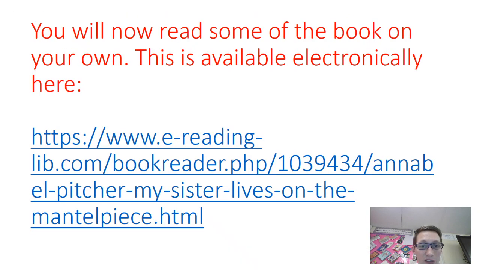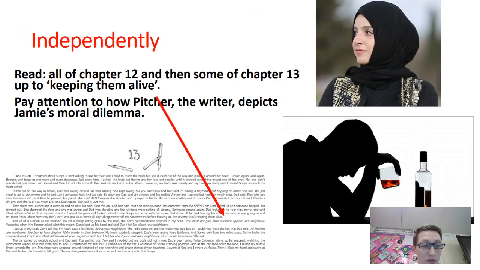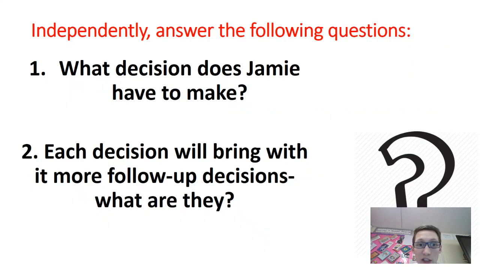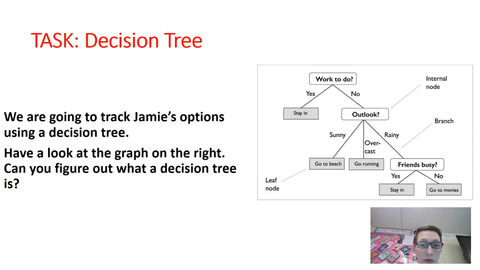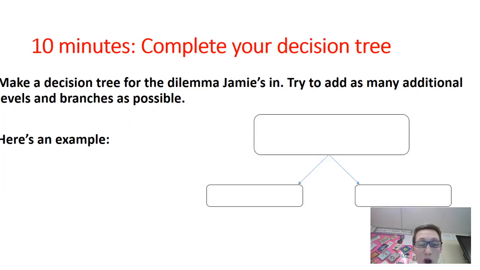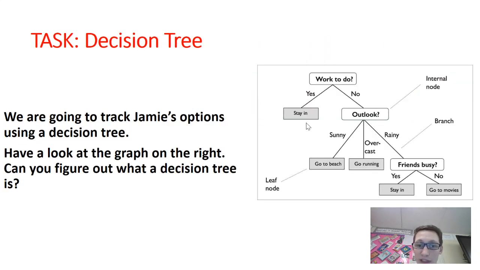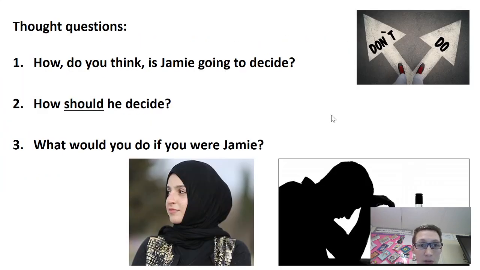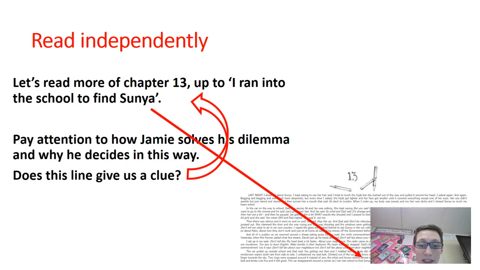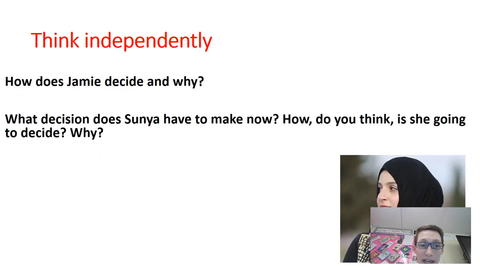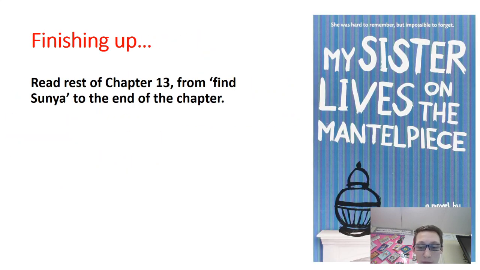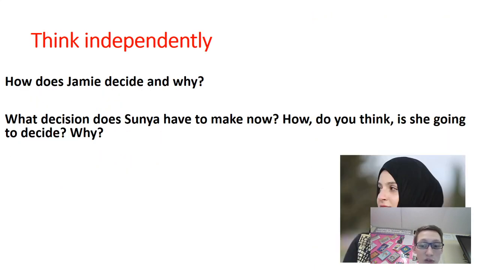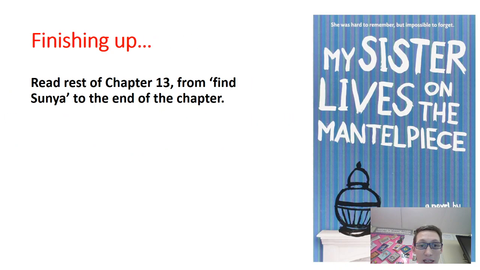We've then read all of chapter 12, some of chapter 13 to see how Jamie deals with his dilemma. We've thought about decisions. We've thought about the decision tree. You've produced your own decision tree to work out what Jamie's dilemma is and all the different strands of his dilemma. You've thought about how Jamie decided. You've read to the end of chapter 13 to explore how both Jamie and Sonia respond to their dilemma.